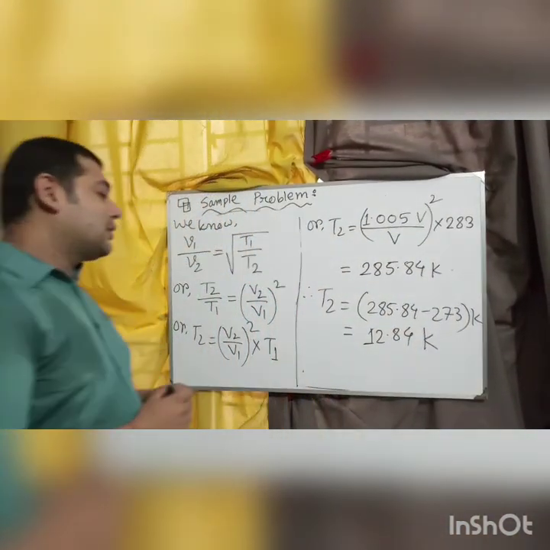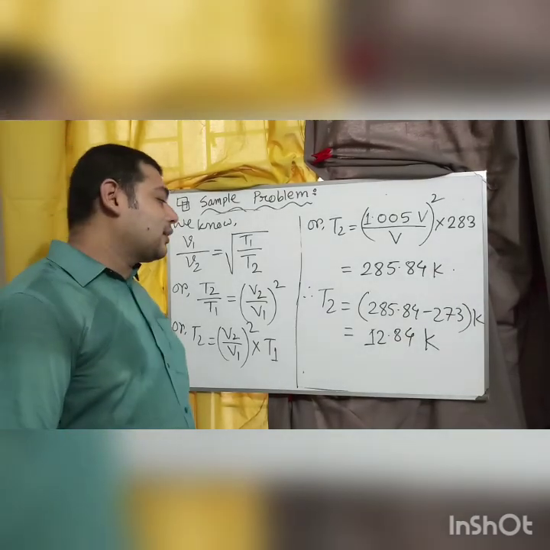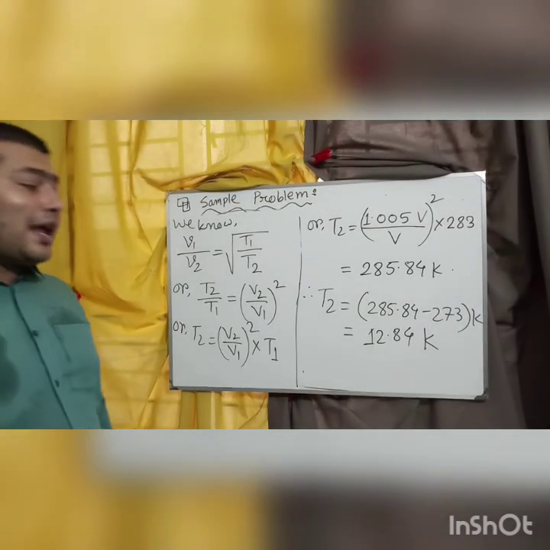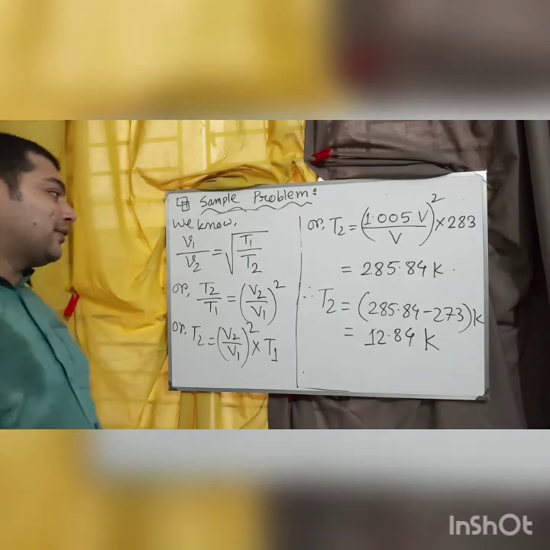So the temperature in summer is 12.84 degrees Celsius. This is our answer.